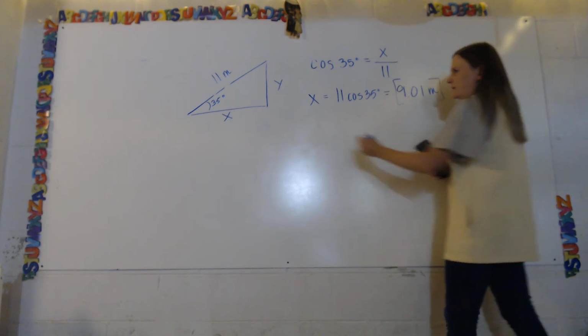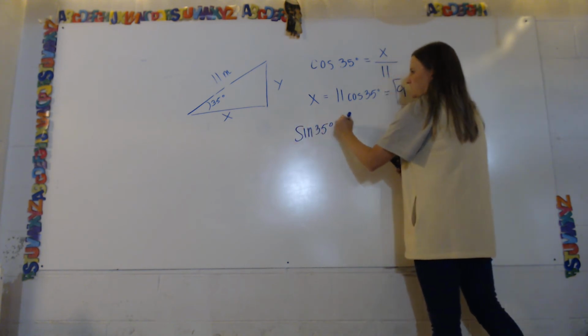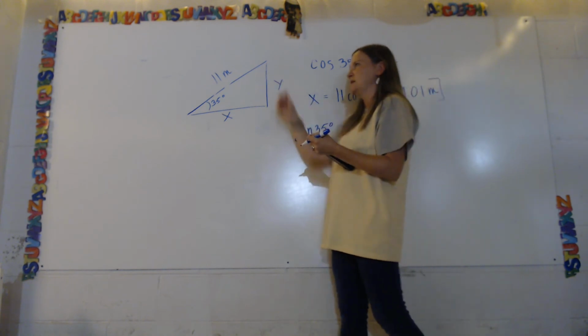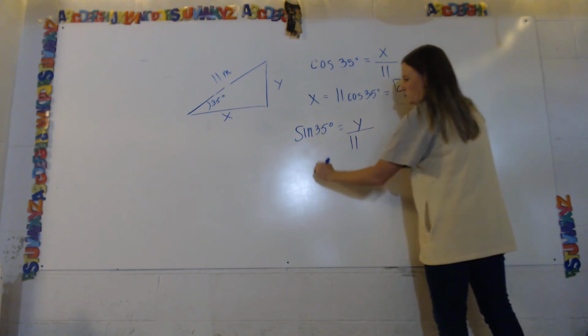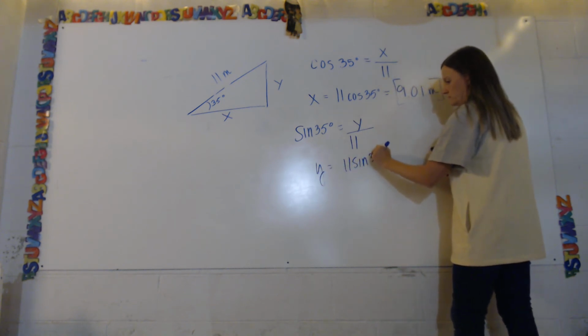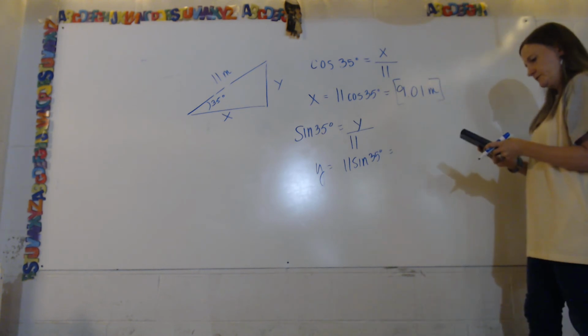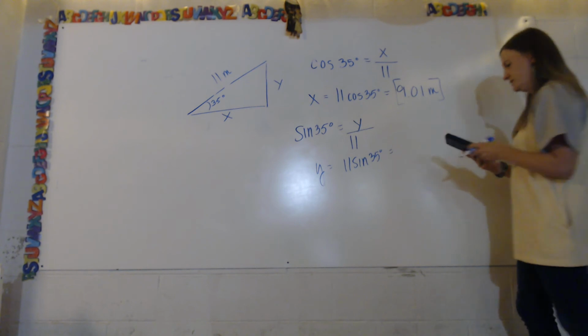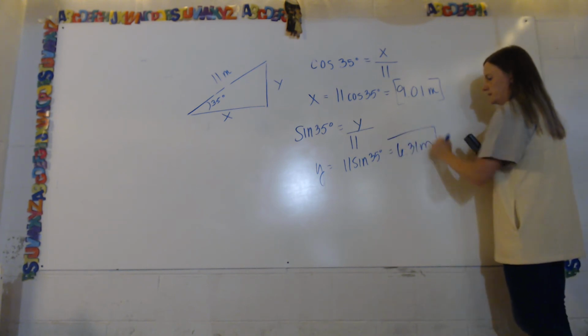I'm going to use sine. So the sine of 35 degrees is equal to opposite, which is y, divided by hypotenuse, which is 11. So y is equal to 11 times the sine of 35 degrees. And that gives me about 6.31 for that other side.